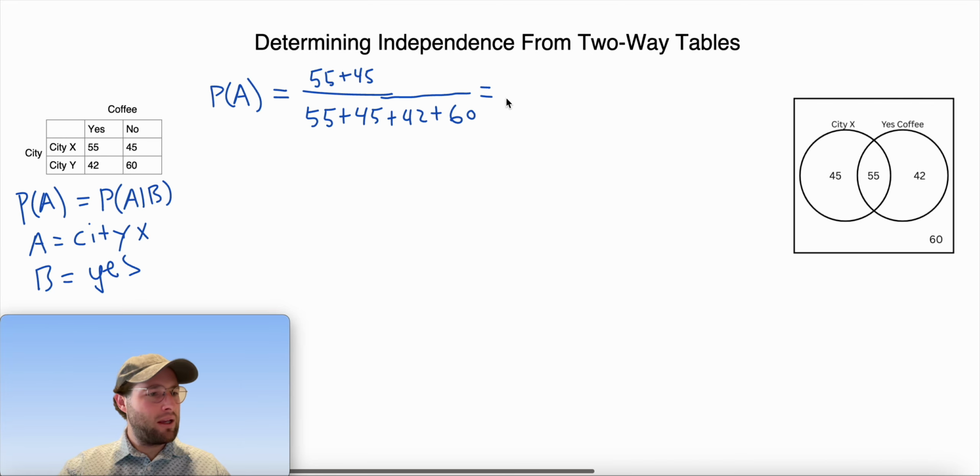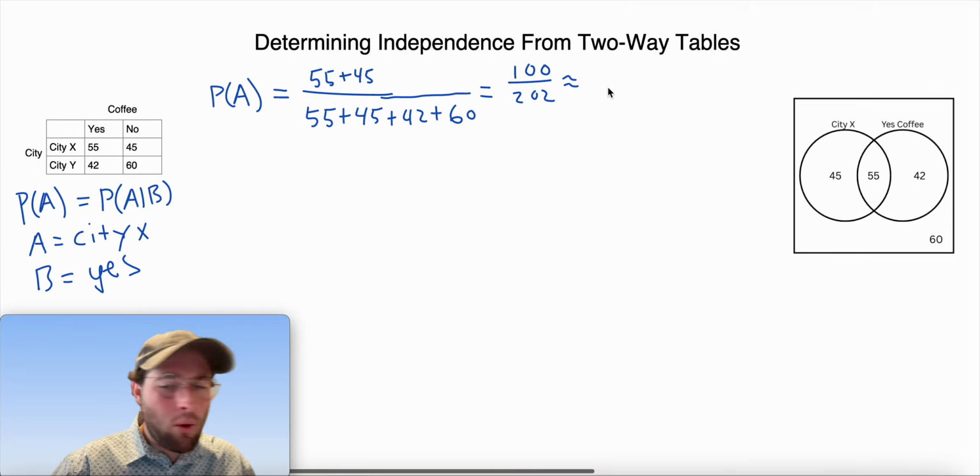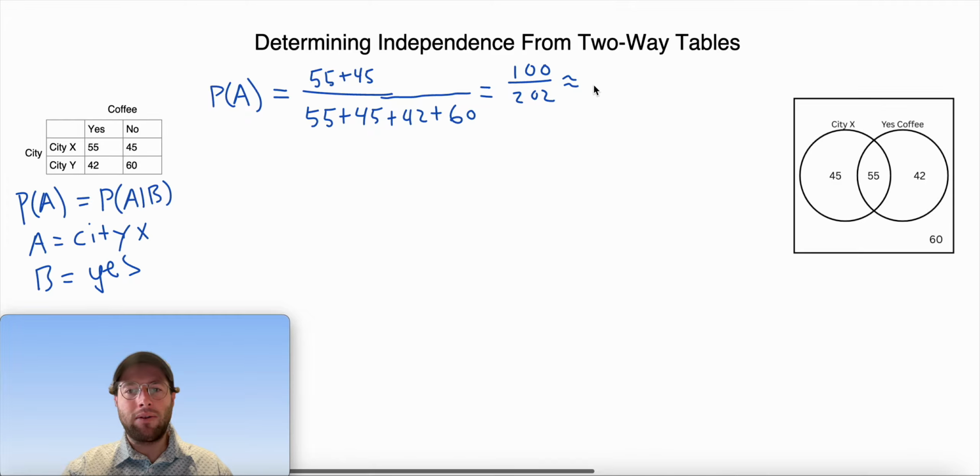That's 100 over 202, and 100 divided by 202 comes out to approximately 0.495. So that's the probability of living in city X.